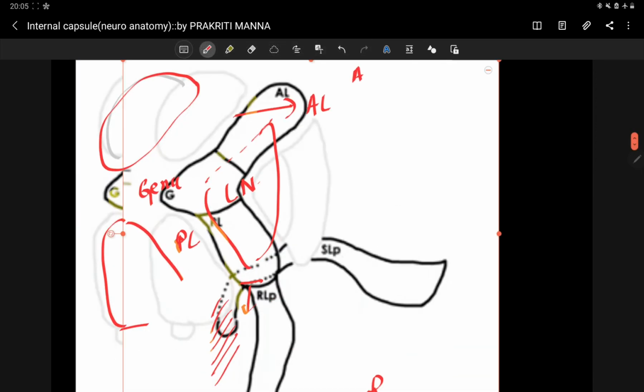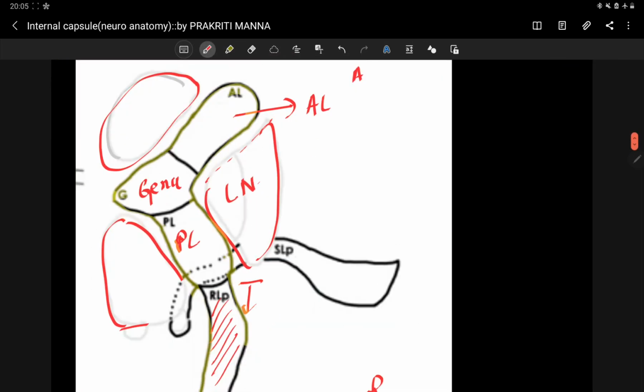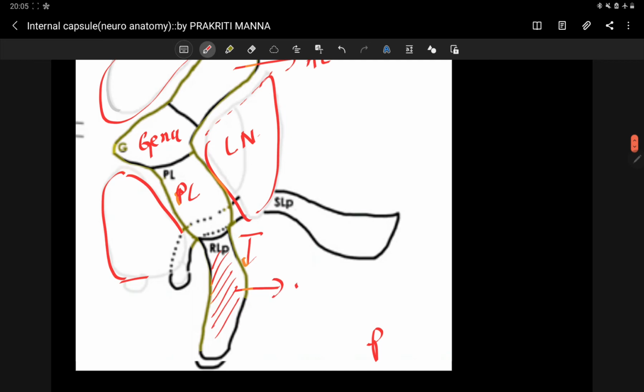That's why this portion is called your retrolentiform portion, because this portion is behind your lentiform nucleus.